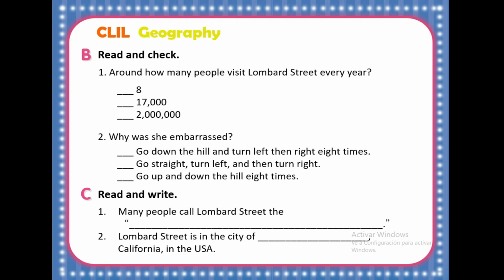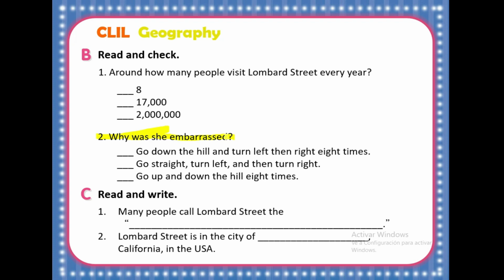Number 2. Why was she embarrassed? ¿Por qué estaba ella avergonzada? Perdón, chicos, acá hay un error. Yo no, en la número 2, acá, se los voy a marcar. La número 2, acá. Ahí me fui torcido, pero bueno. Acá no es esta.